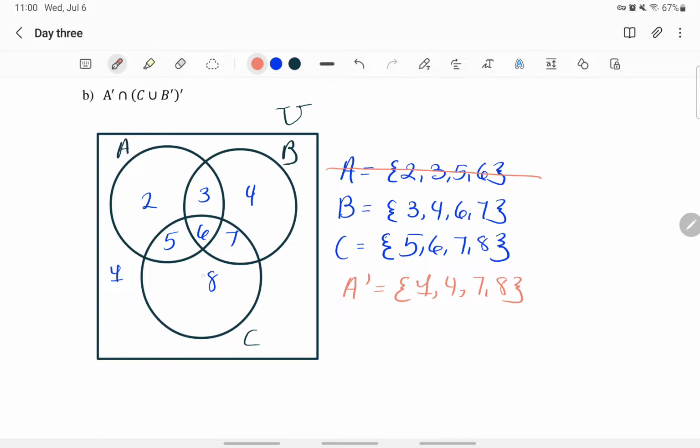Because all of those numbers are not inside of circle A. Looking up here at the set operation as well, we have a B complement. So that's going to be every element in the universal set that is not 3, 4, 6, and 7. So that's 1, 2, 5, and 8.